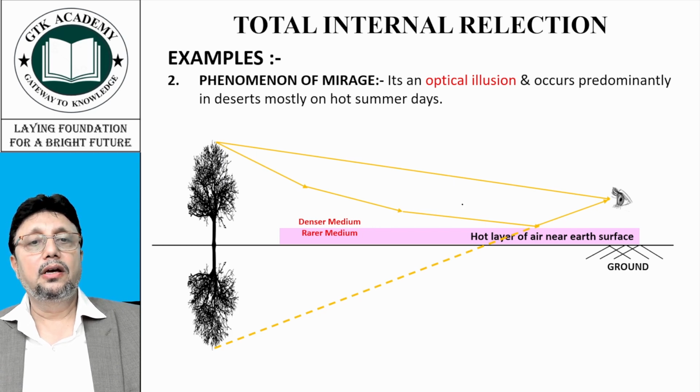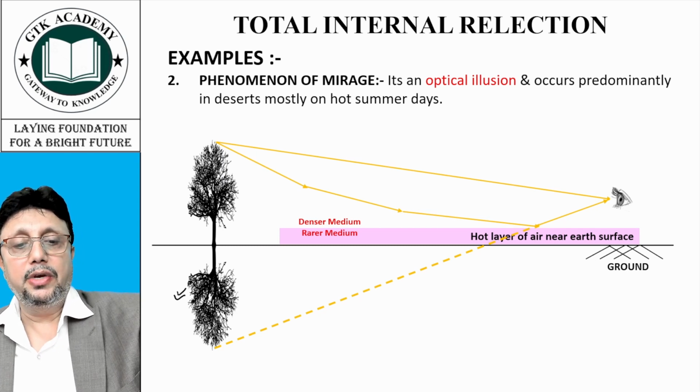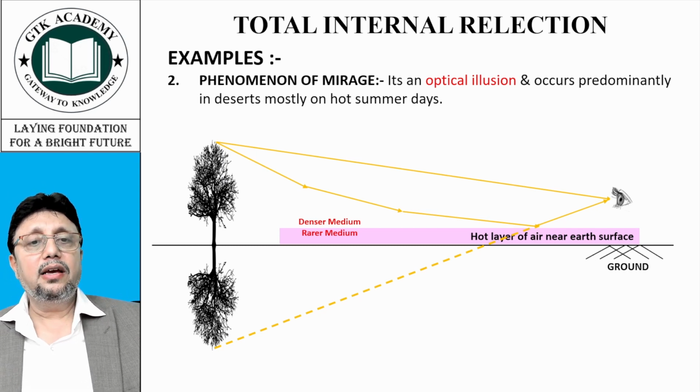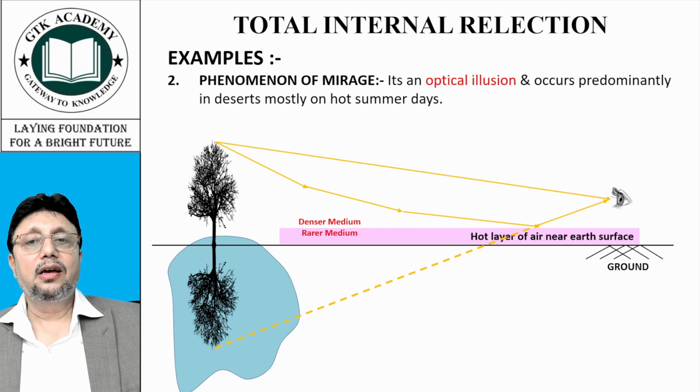That means the image of the tree will be formed, inverted image is going to be formed like this. So you will have an illusion. That means you may think, when this kind of image form, we think that there is a water there. Actually, water is not there, but this is an optical illusion.